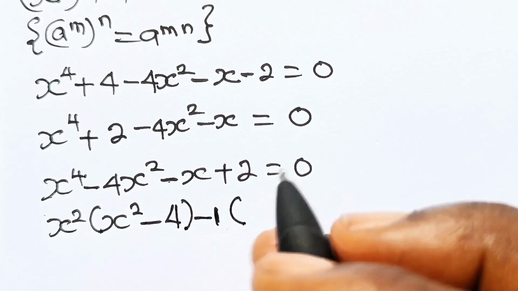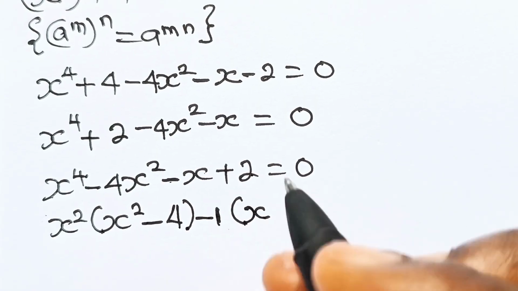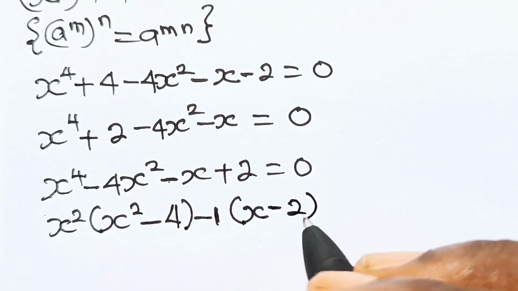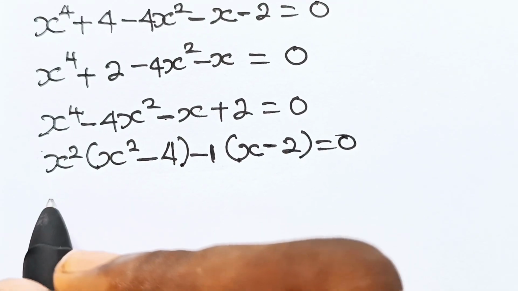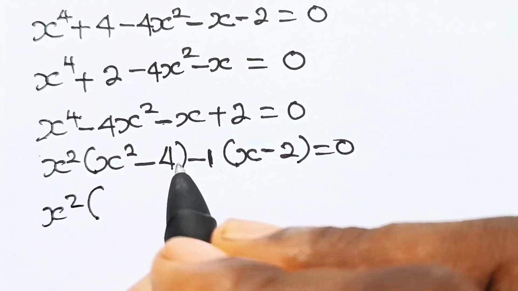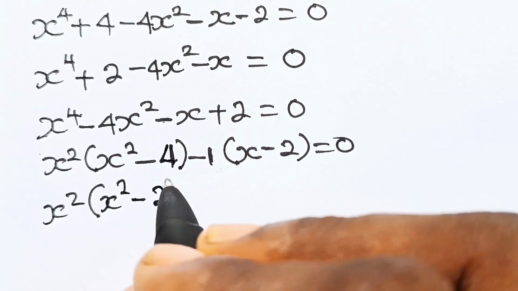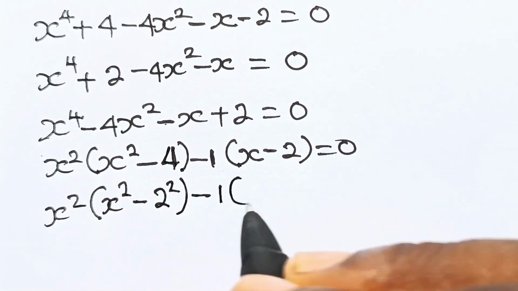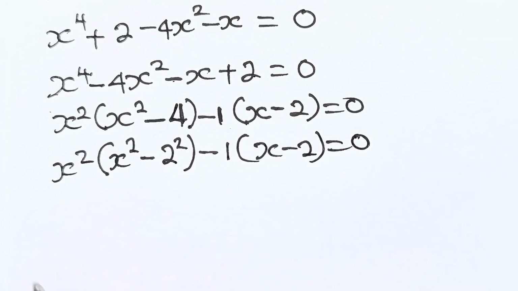Minus x divided by minus 1 is x, and plus 2 divided by minus 1 is minus 2, is equal to 0. So we have x squared brackets. Now this 4 is the same thing as 2 squared, minus 1, bracket x minus 2 is equal to 0.